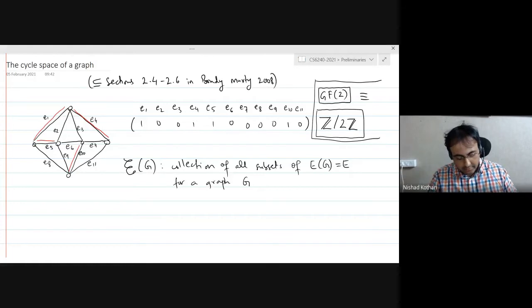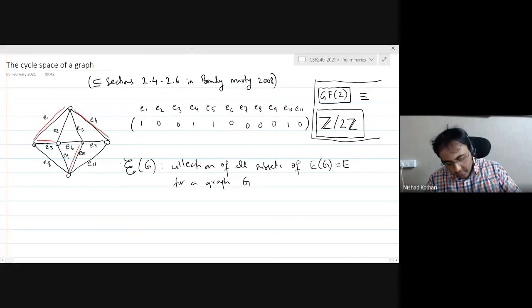So here is an example of a graph, and in some sense, what's more important in structural graph theory is really the edges of the graph. It's the edges of the graph that determine the structure of the graph. The number of vertices doesn't mean much. Okay, so we are going to think of the subsets of the edge set of the graph, and we are going to associate with each subset of the edge set a 0,1 vector.